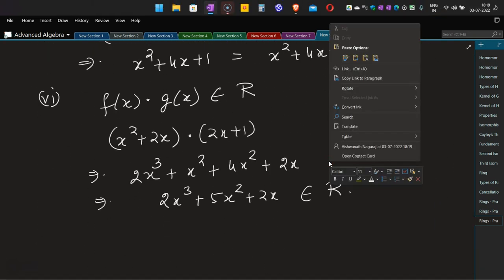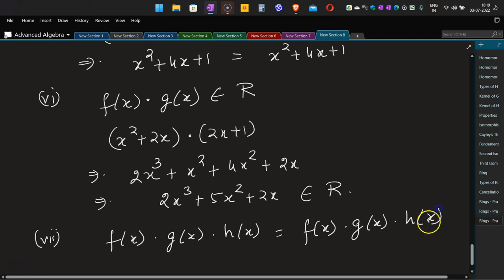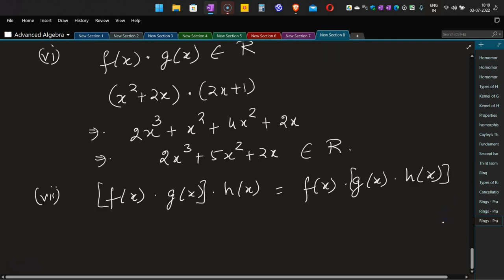Associative under multiplication. Seventh one, f of x times g of x times h of x is equal to, and this is going to become tedious. So let's say we take it first here and then we do. Okay. Now here f of x is x square plus 2x times 2x plus 1 times x cube.